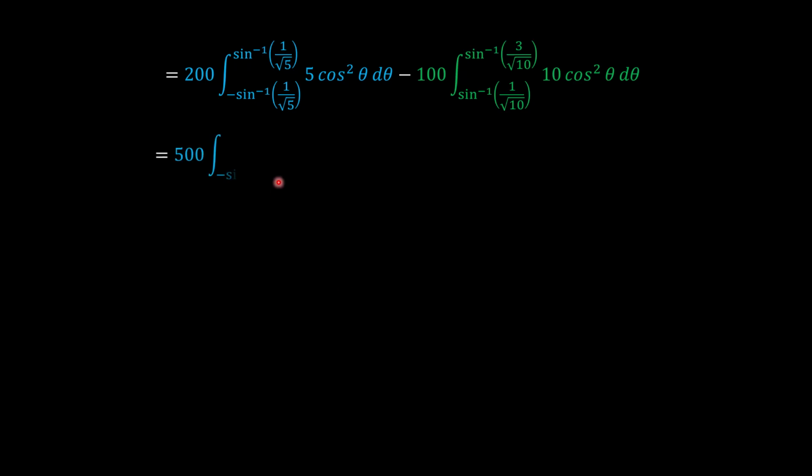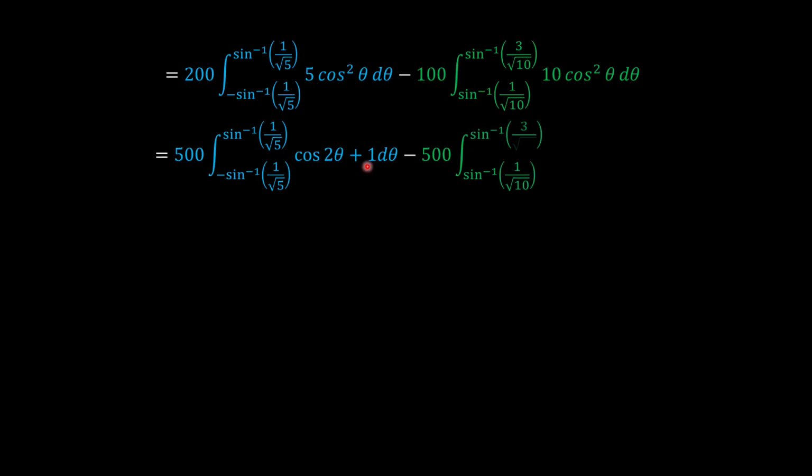And what that means for this place here, we have 200 divided by 2 is 100. 100 times 5, we have 500. So that's the over 2 part. And then we have cosine 2 theta plus 1 inside the integral. Same thing here.